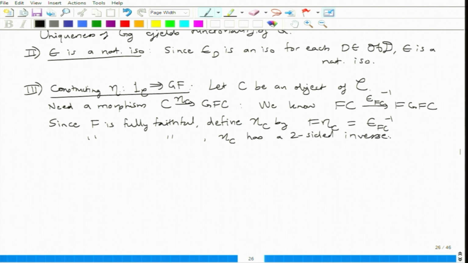Okay, I explained all these things orally. And, oh, we did not check something. We should have, and that eta is a natural isomorphism.